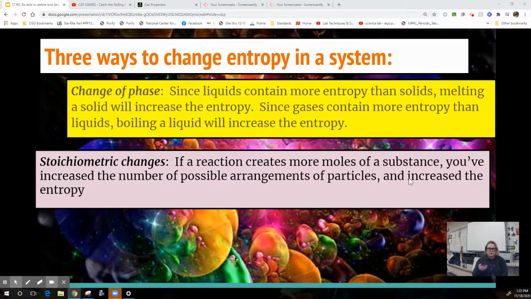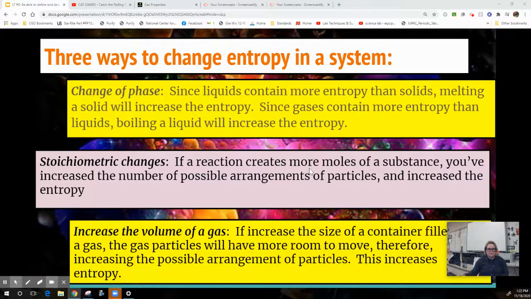If I perform a chemical reaction and at the end of the reaction, there are more moles of a substance present than what I started with, I've increased the number of possible arrangements of particles. So I go from a set amount of arrangements to more arrangements. Therefore, I'm going to increase the chaos, and if I increase the chaos, I'm going to increase the entropy. You'll see an example of that in a moment.